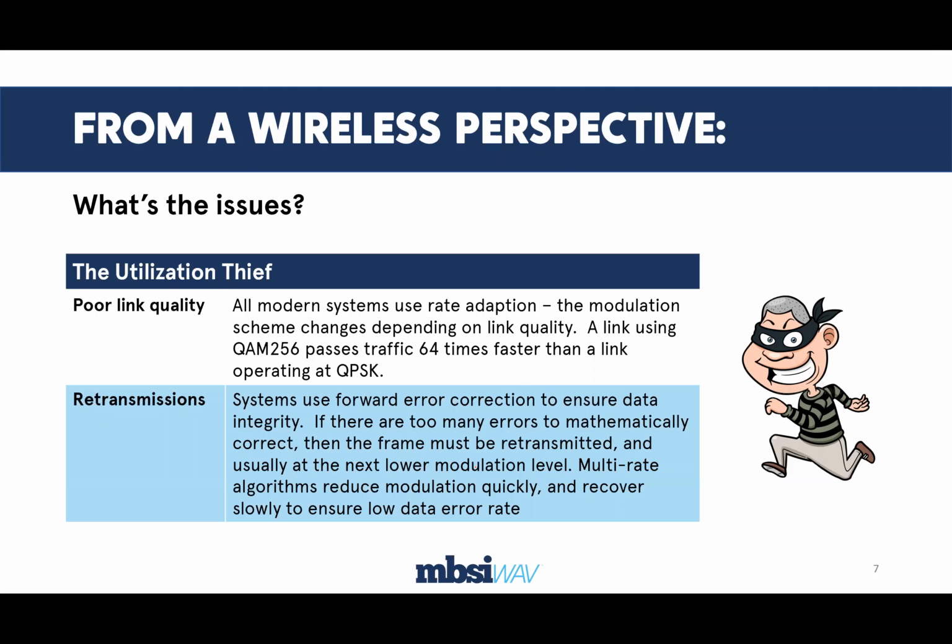So let's say we had a link with a fade, a very deep fade, but it's actually quite short in time. In this deep fade, I'm passing traffic, and my QAM 256 traffic suddenly starts failing, and maybe I retransmit that frame, and the fade is still long enough that it's still there, so I fail that retransmission.